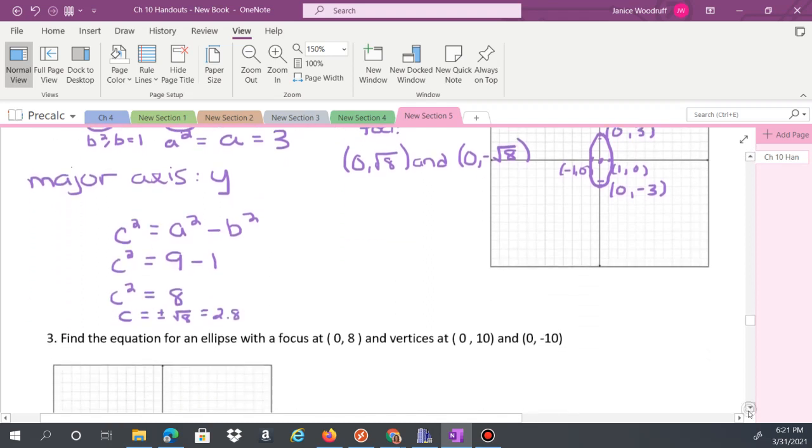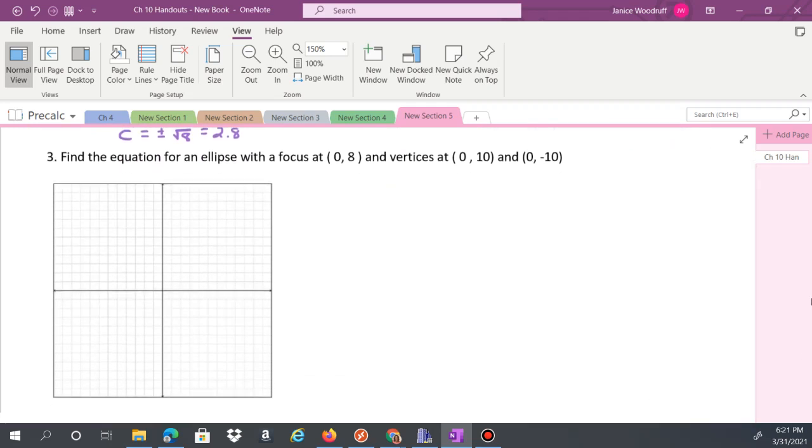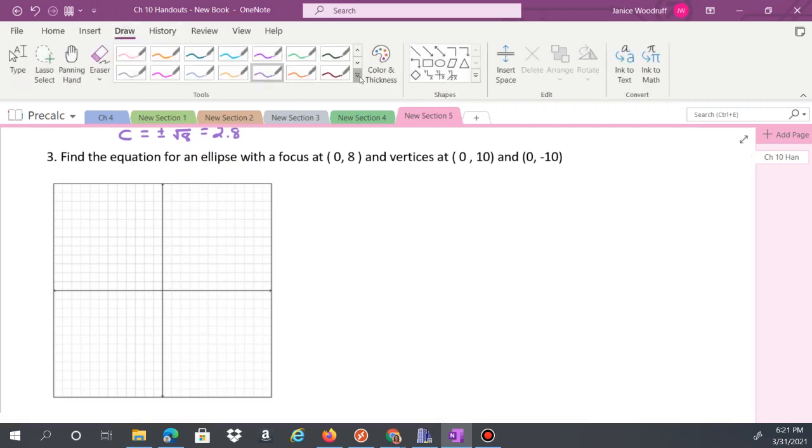Okay, next problem. So we have a focus and we have vertices. You have a focus at 0, 8. So let's find that point. Let me get a pen to draw these. Okay, so 1, 2, 3, 4, 5, 6, 7, 8. And I've got a 0, 10 and a 0, negative 10.